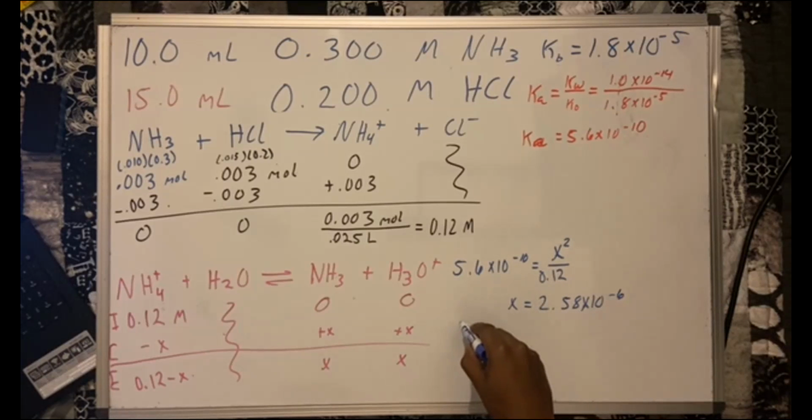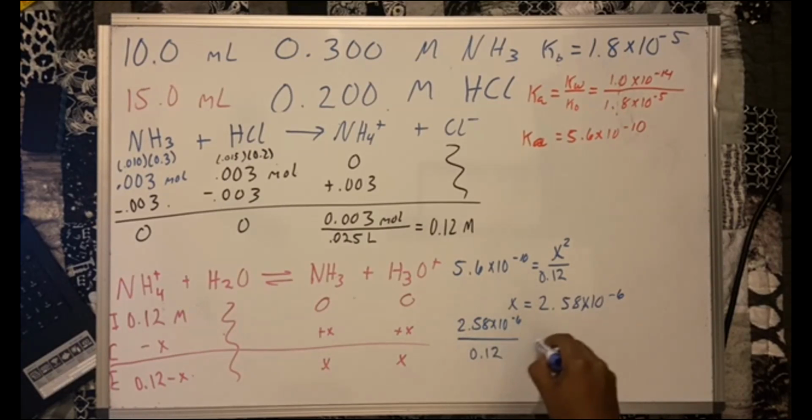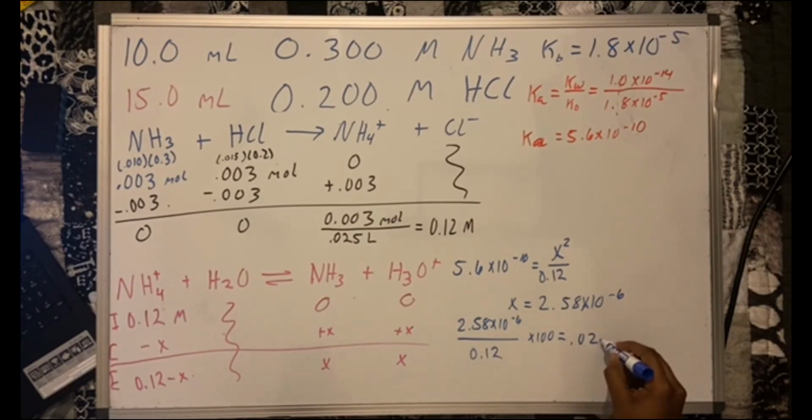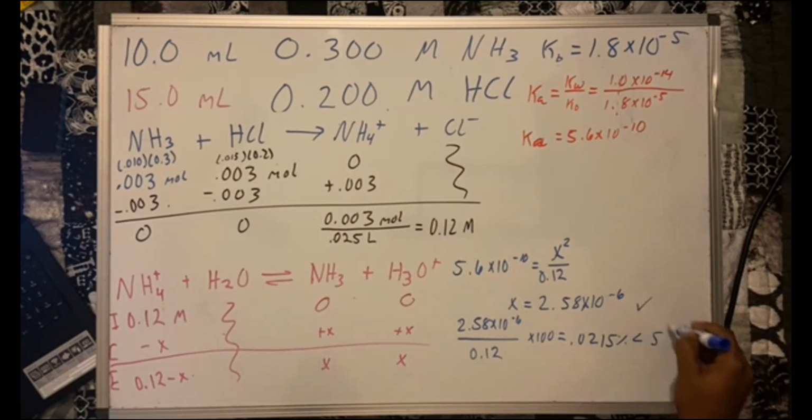So X, 2.58 times 10 to the negative 6 over my 0.12 times 100 equals 0.0215, I guess, percent. It's less than 5. So good there. Yes. Almost there.